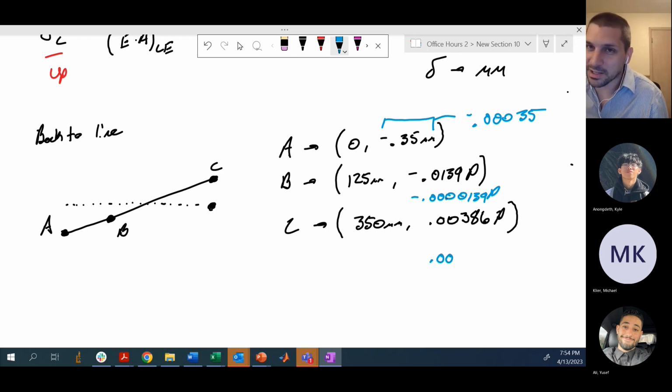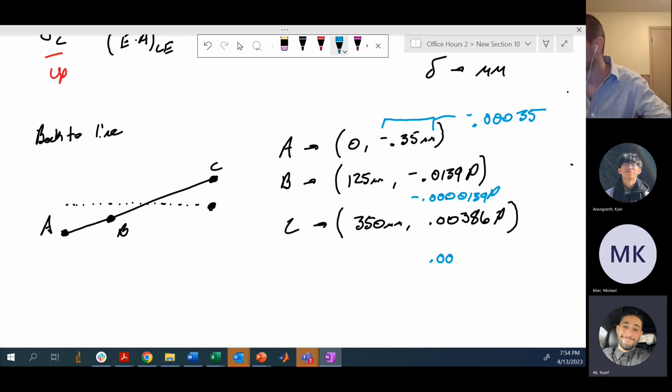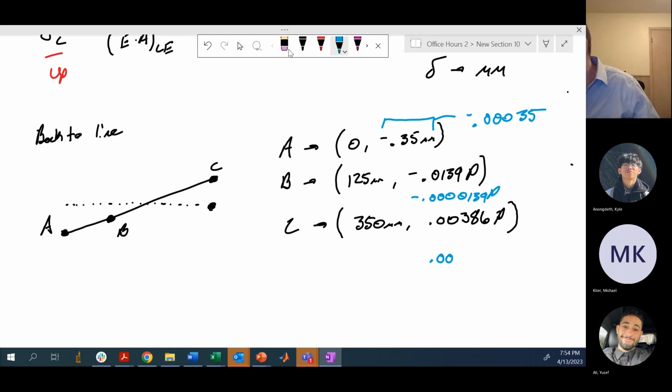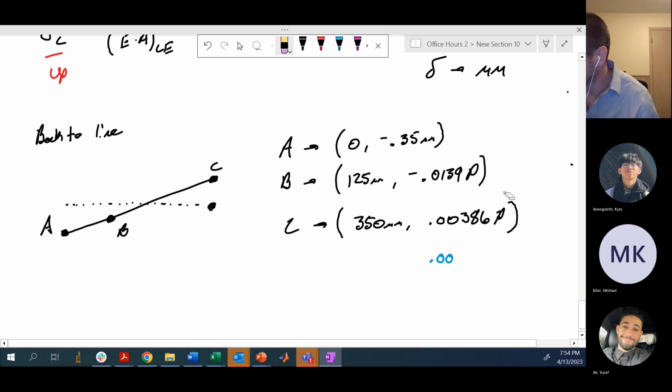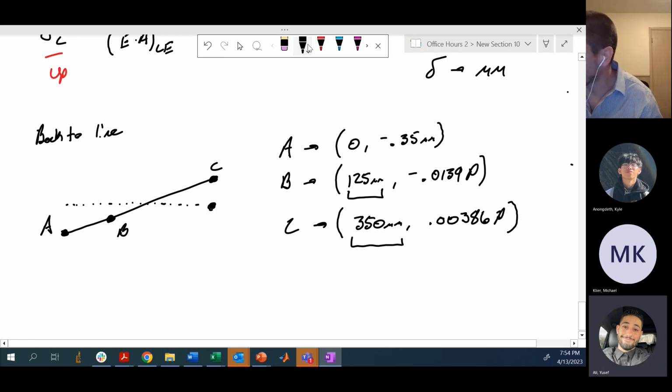But I also have P in kilonewtons, so it's off by a factor of 1,000,000 because I'm working with P in kilonewtons. So I agree that times 10 to the negative 8 should be correct for you. Maybe it's just a problem with the calculation of the slope and so on. You'll also have to remind yourself that you probably want to work with these in meters. Yeah, those are all in meters as well.